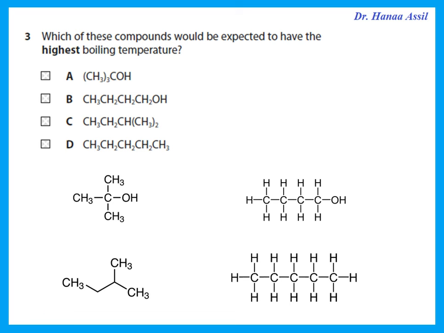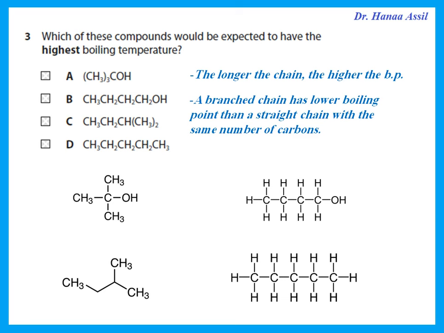Now, what is the rule? Which one has highest boiling temperature? We said, first of all, the longer the chain, the higher the boiling point. So if I'm looking at the first alcohols, which are A and B, you can see that both of them have the same number of carbons. So the one that has more carbons should have higher boiling point. But then we also have other rules.